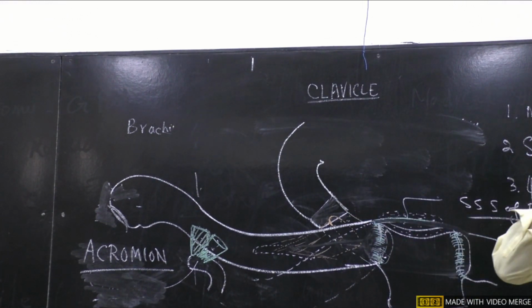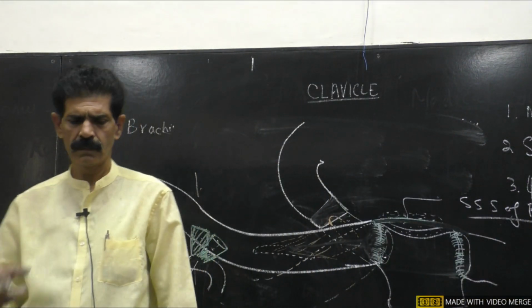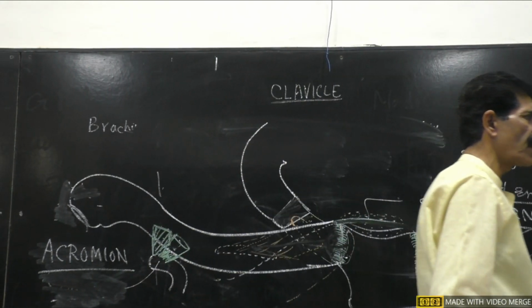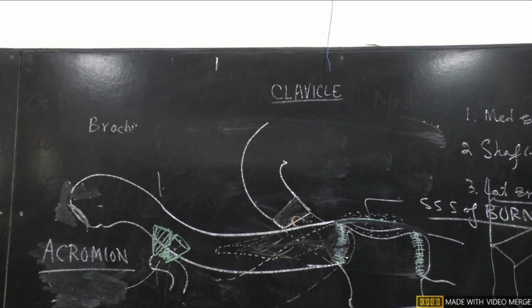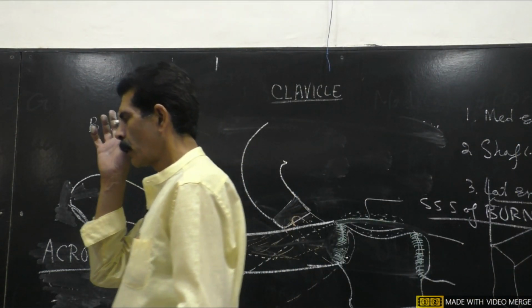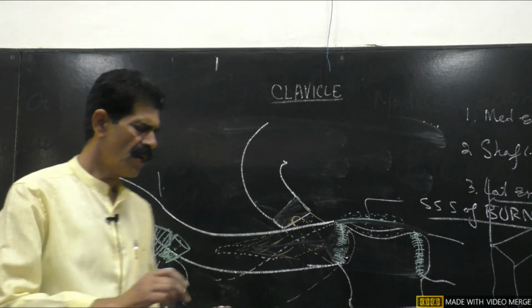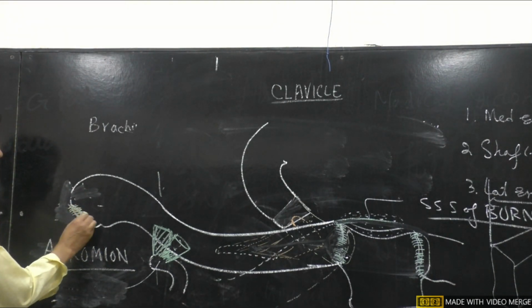So it forms the acromioclavicular joint. The name of the joint, underline, acromioclavicular joint. So the clavicle is fixed also laterally by this joint, again a slightly movable joint.